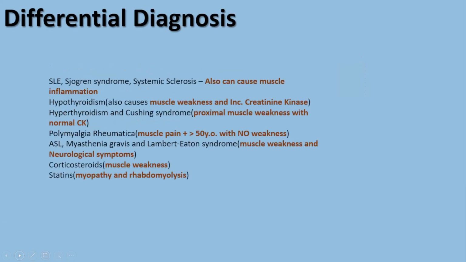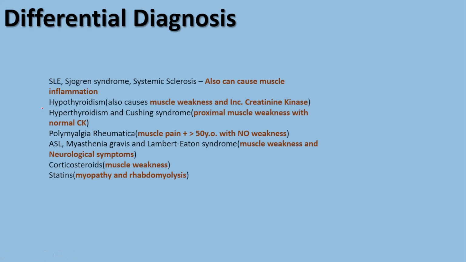So now let's talk about differential diagnosis, and this is actually very important for you to know because in board examinations you are going to have many questions, patients who are presenting with either muscle weakness or muscle pain. So you have to know the difference between polymyositis and other diseases that can mimic the signs and symptoms of polymyositis.